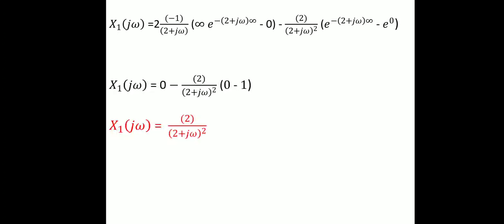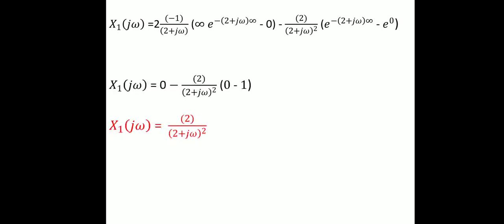For the second function, minus 2 divided by (2 plus j omega) the whole squared, the upper limit is infinity and the lower limit is 0. So e power minus infinity is 0, e power 0 is 1. So I'll get x1 of j omega reduces to 0 minus 2 divided by (2 plus j omega) the whole squared into (0 minus 1). So finally x1 of j omega is 2 divided by (2 plus j omega) the whole squared.